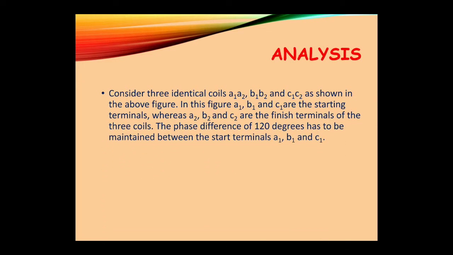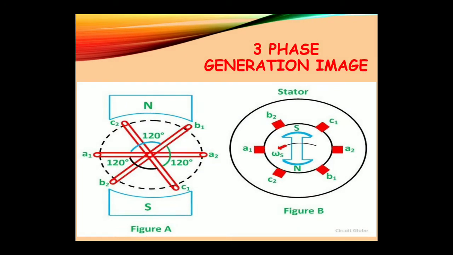And now the analysis. Consider three identical coils A1 A2, B1 B2 and C1 C2 as shown in the figure. In this figure, A1, B1 and C1 are the starting terminals, same as here. So you can see here A1, B1 and C1.